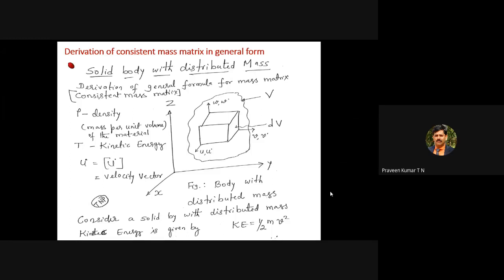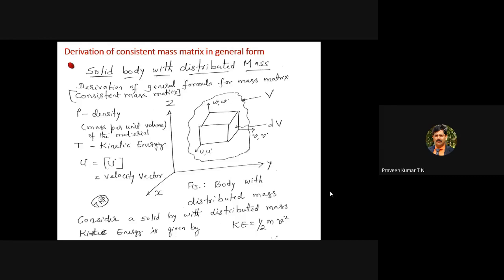The magnitude is given by mass into acceleration. So we have the stiffness force, the restoring force Kx, and we have one more force, that is mass into acceleration, your inertia force. Hence, the mass matrix is very important in the case of dynamic analysis.